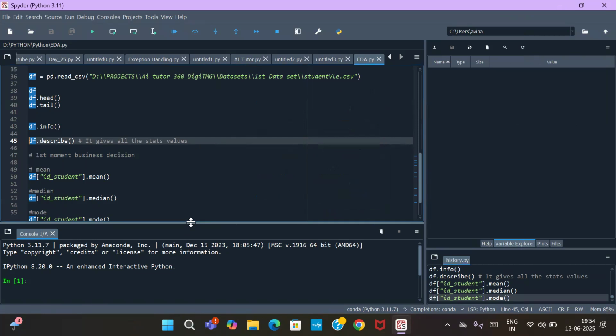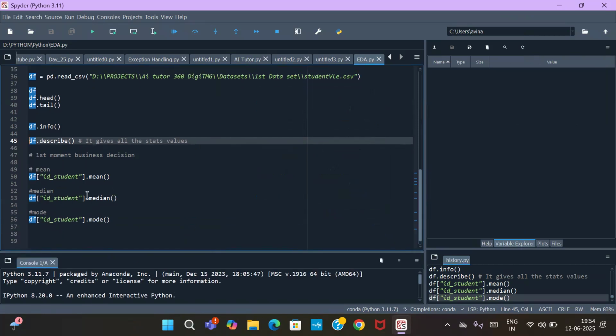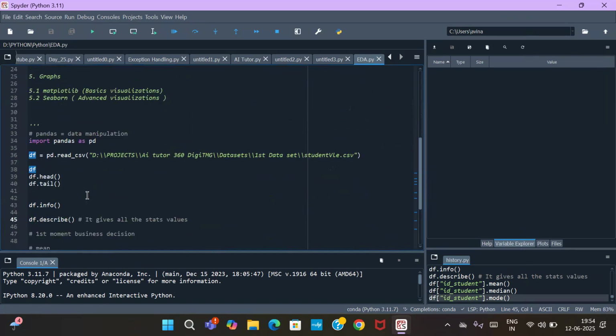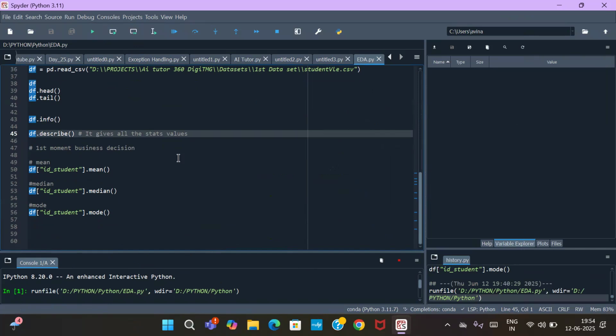Here, yesterday we discussed the mean, median, mode. These all things we have discussed already yesterday. And today I will just execute this line of code.